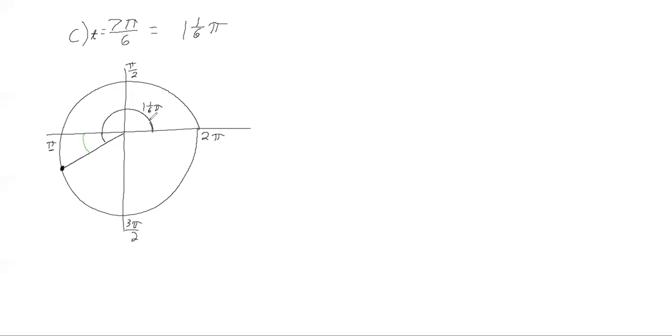Wouldn't it be 1 and 1/6 pi, but then I want to take away all of that much, so take away pi. So what's 1 and 1/6 minus 1 pi? That'll be pi over 6 for a reference angle, right?